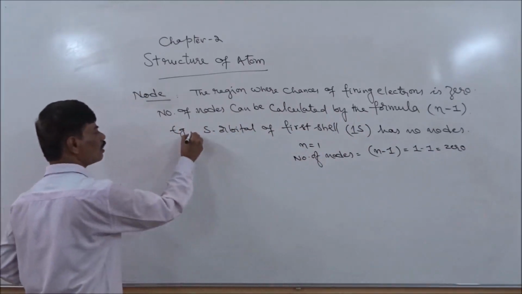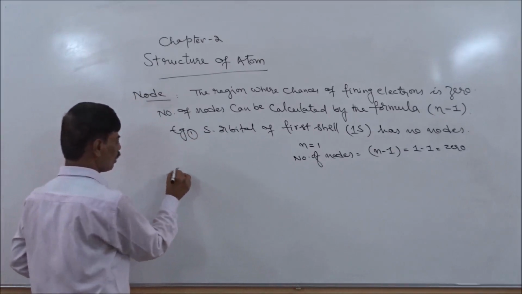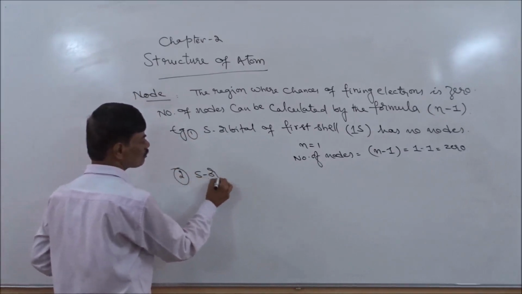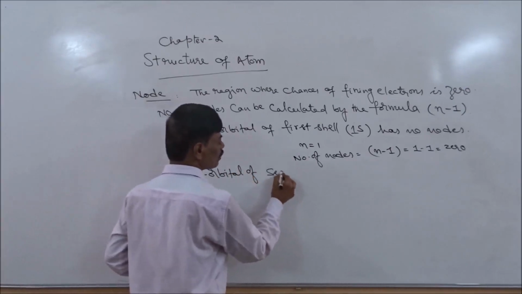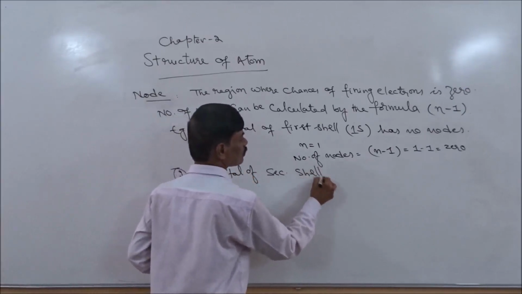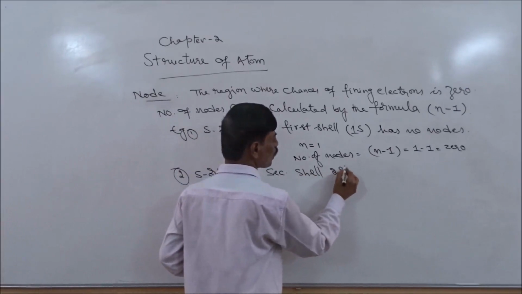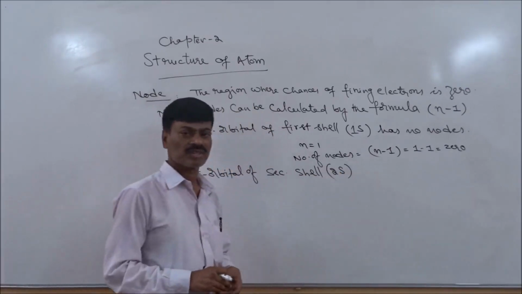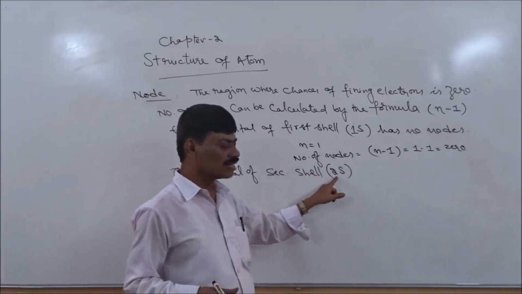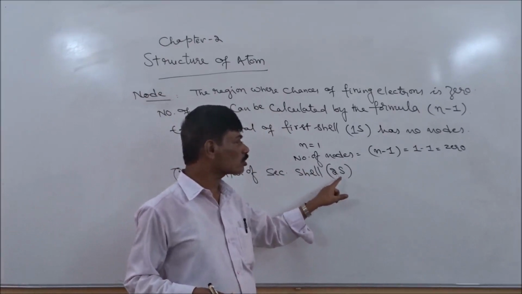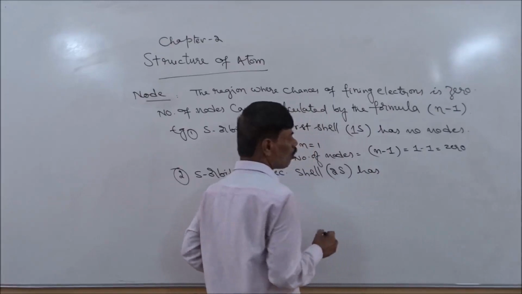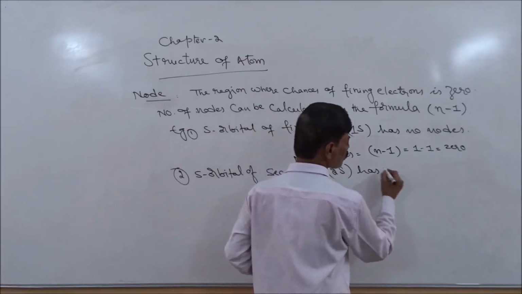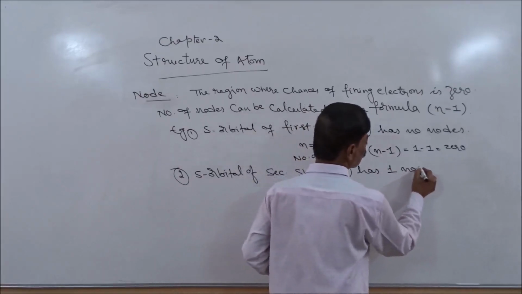This is one example. Now we'll move to s orbital of second shell. Second shell is 2s. S orbital is there in second shell. N is equal to 2. So 2s, how many nodes does it have? Let us see. It has one node.